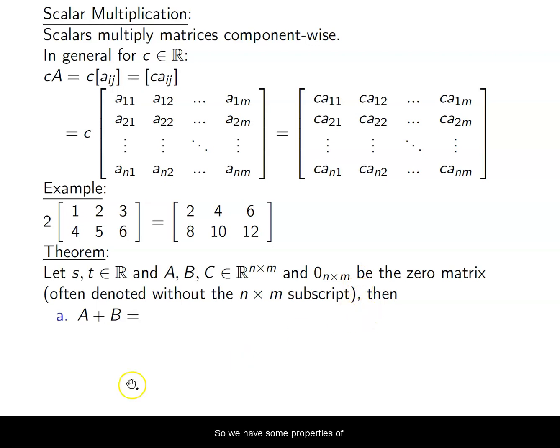Okay, so we have some properties of matrices. If I want to add two matrices together, they commute under addition. So that means that A plus B is the same as B plus A. It doesn't matter which order I add them in. That's not true for everything that we do here, but that is true for matrices, for addition.